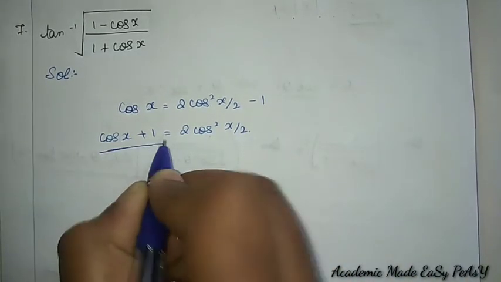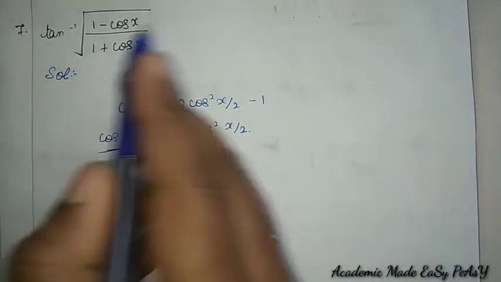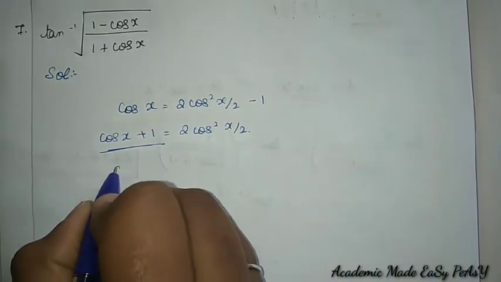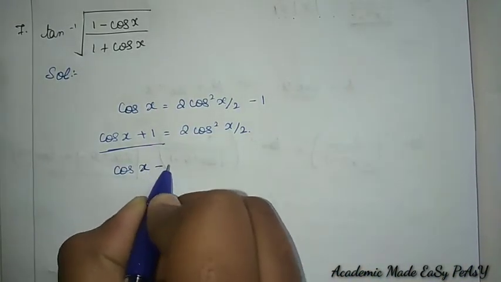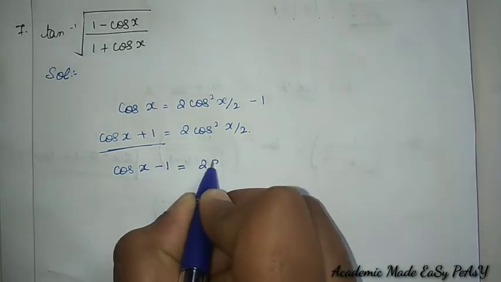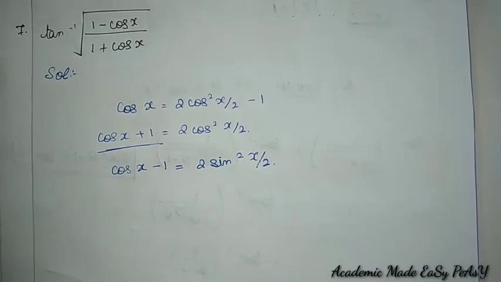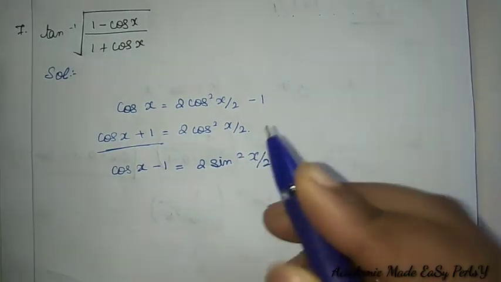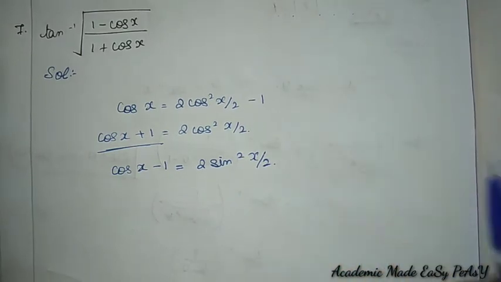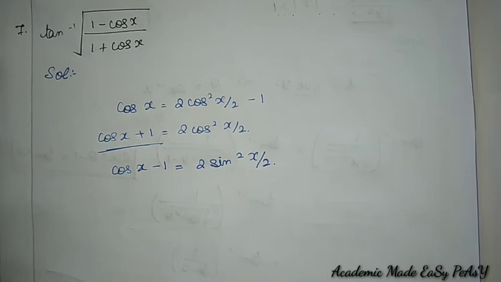This one is in the denominator. For the numerator we will have cos x minus 1 is equal to 2 sine square x by 2. I have already taught all these formulas in the introduction part, so I'm just directly doing it. If you have any further doubts, please do verify with that. I will attach the link in the description box.